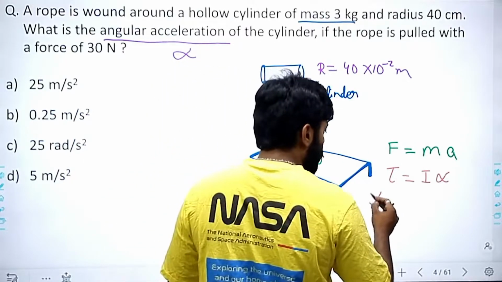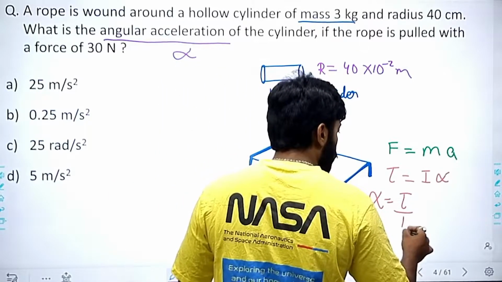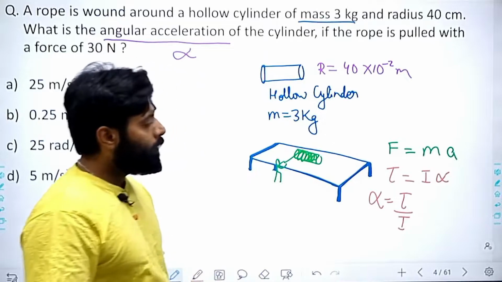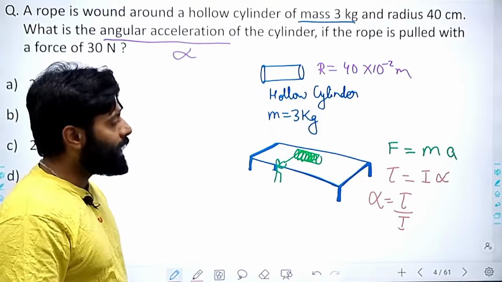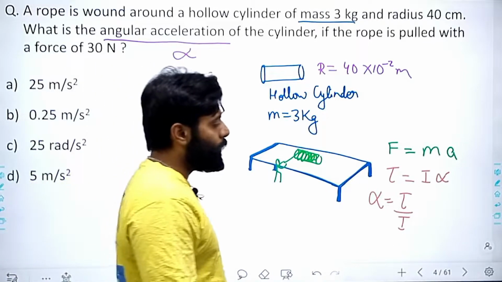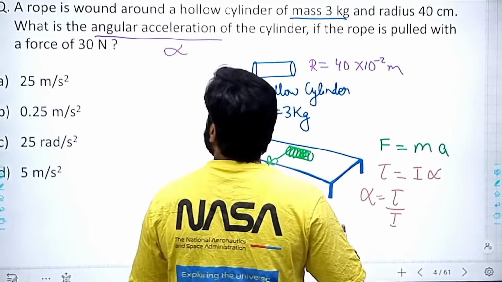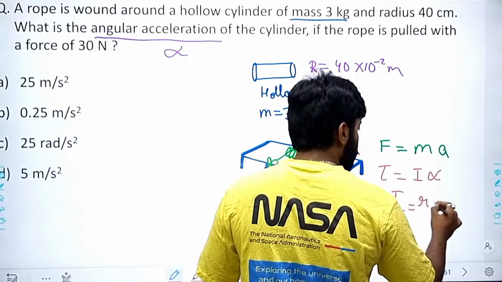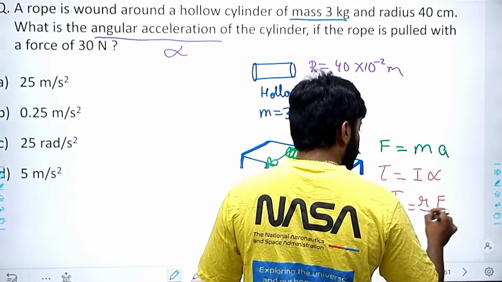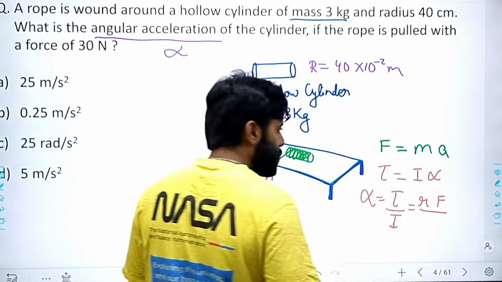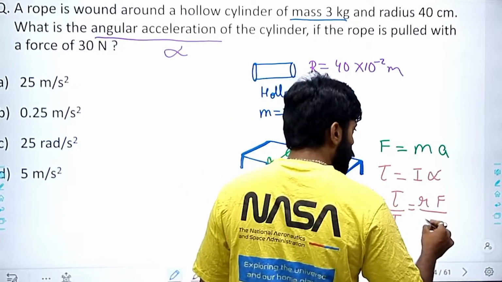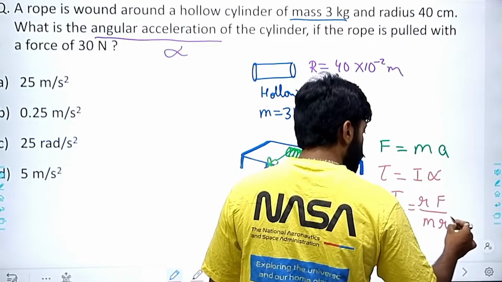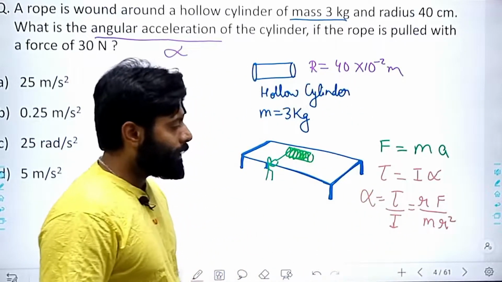So angular acceleration will be torque by moment of inertia, and moment of inertia is mr square, and we know that torque is nothing but r cross f. So I can write this is r cross f, and moment of inertia is mr square, right?